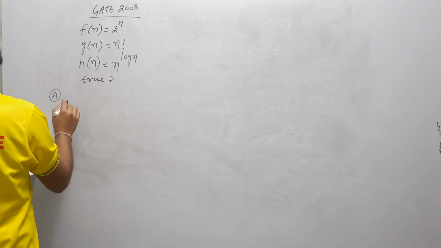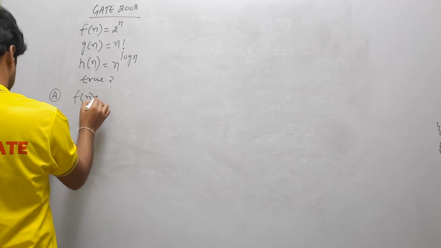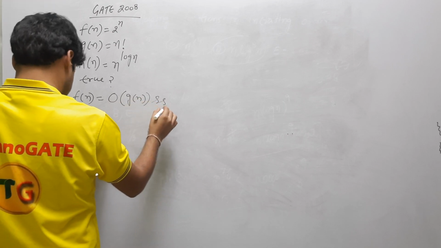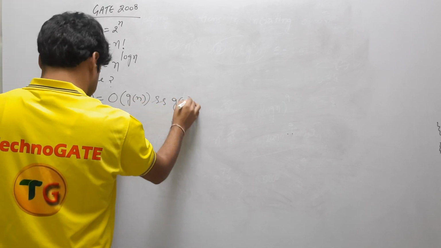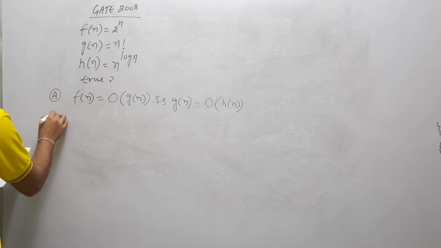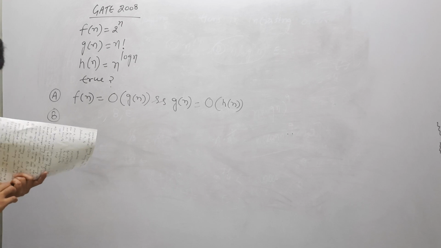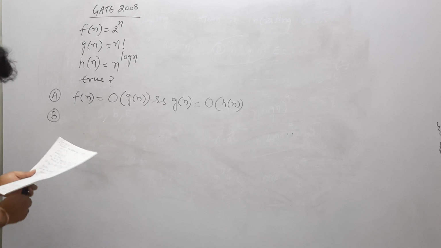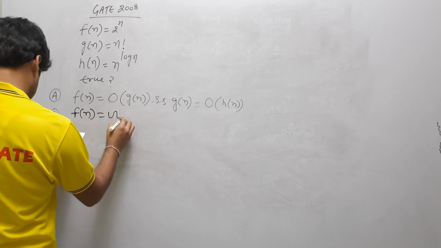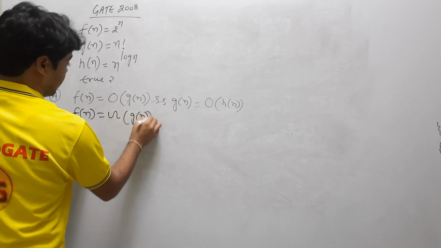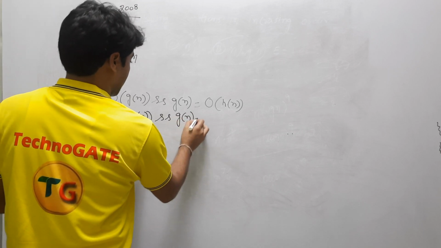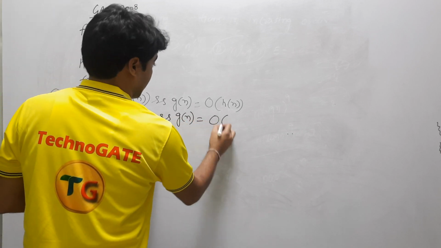Option A is F of n is big O of G of n and G of n is big O of H of n. What about B? F of n is omega of G of n and G of n is big O of H of n.